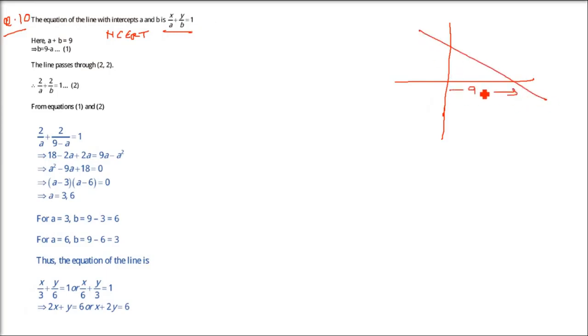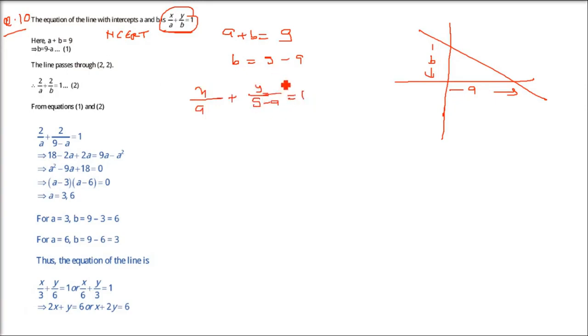A is the x-intercept, b is the y-intercept. The sum of a and b is given as 9. So b can be written as 9 minus a, or you can write a as b minus 9, whichever way you like. So x by a plus y by 9 minus a equals 1.